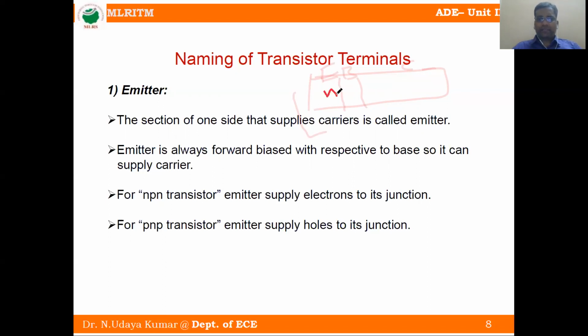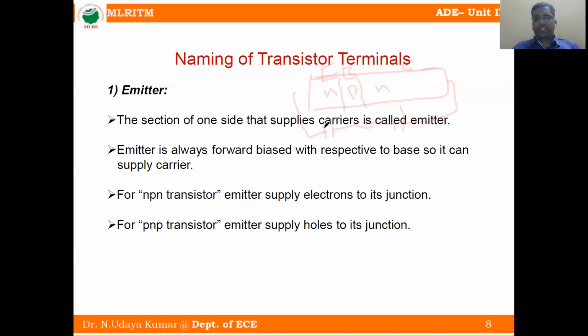For example, if it is an NPN transistor, this is negative and this is positive. Okay. This one is positive and this one is negative. So the emitter is always forward biased with respect to the base, so it can supply the carriers. For an NPN transistor, the emitter supplies electrons to the junction.